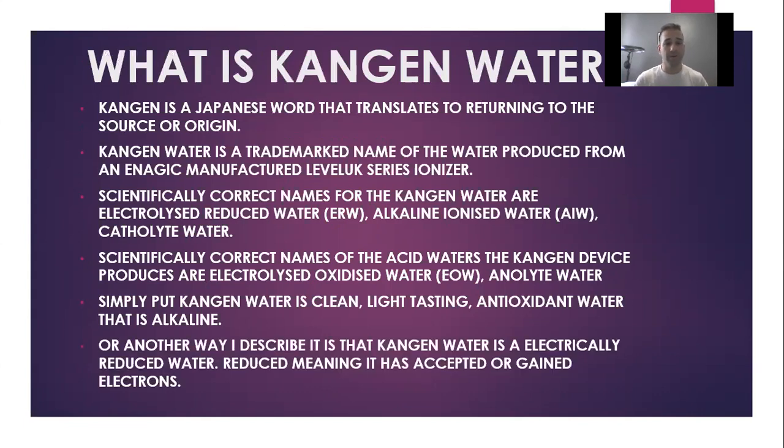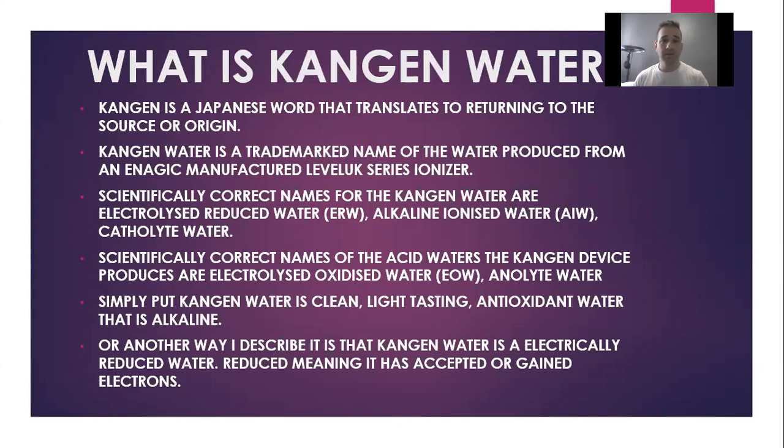Another way I describe it is that Kangen water is an electrically reduced water. Reduced meaning it has accepted or gained electrons. So as I said a little bit earlier, electrolyzed reduced water is the negative water, the water that's on the negative side. It's called reduced because the word reduced simply means something has gained electrons.